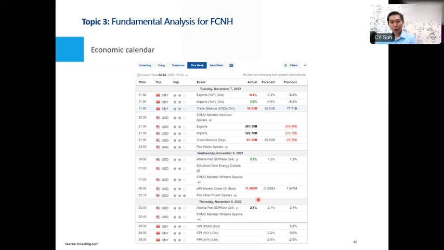When you are not quite sure whether the actual, compared to the forecast and the previous figure, is good or bad, just look at the color of the number that is coming out. If it is red, it would be considered bearish, for example bearish for the US dollar. If it is black in color, it means it is neutral.